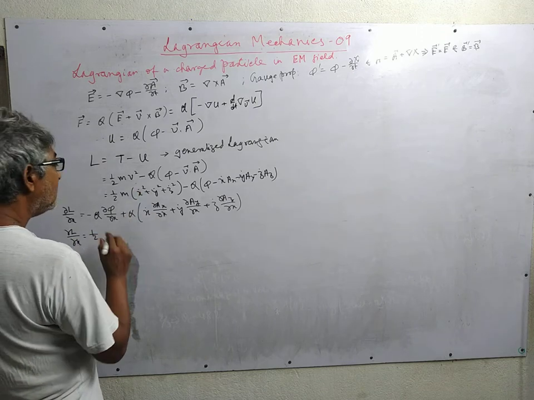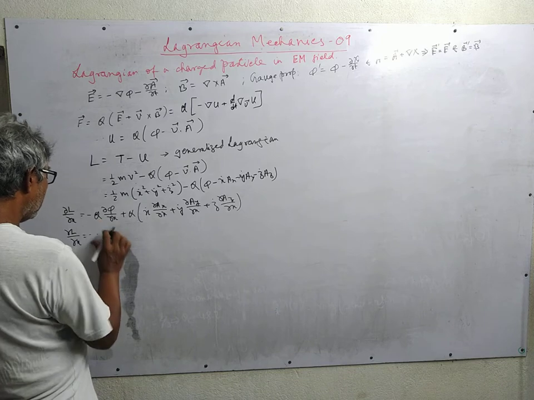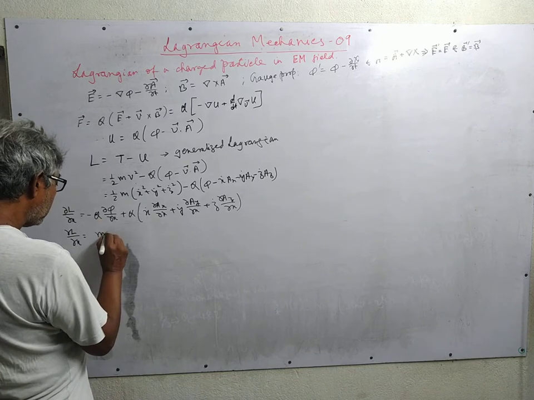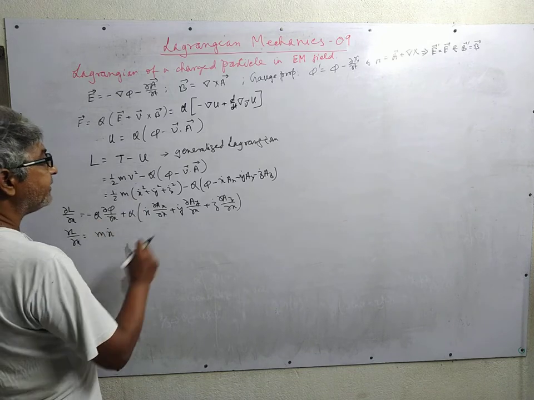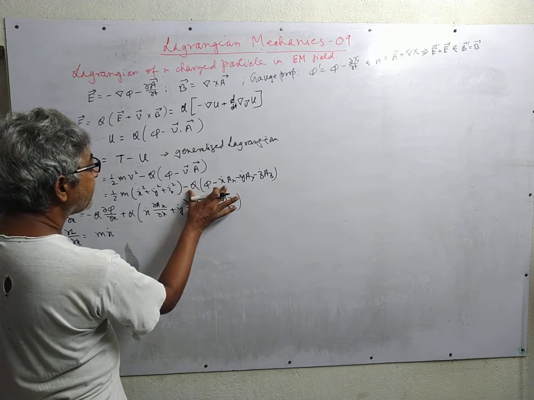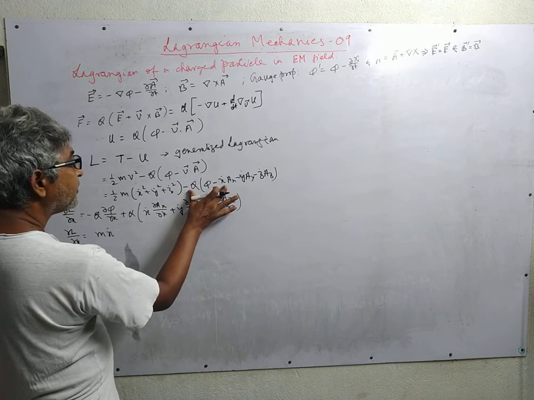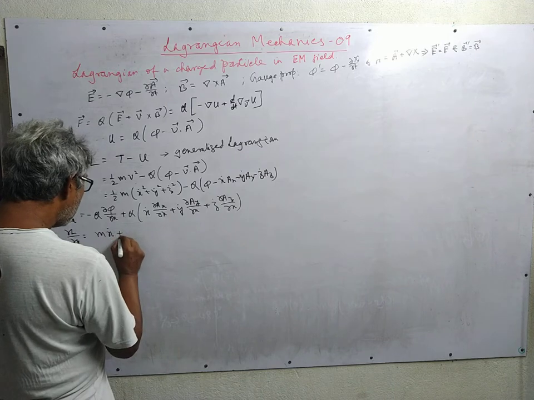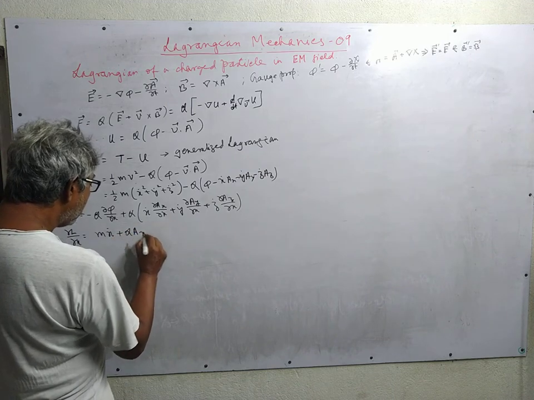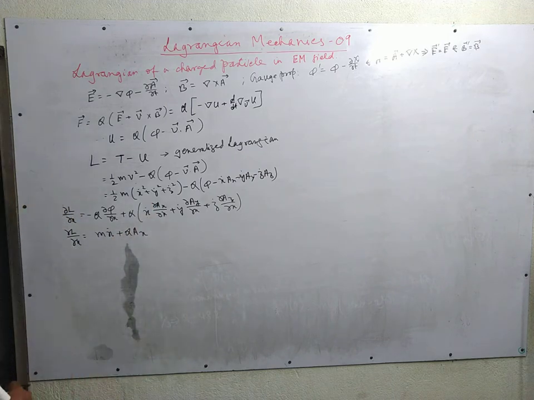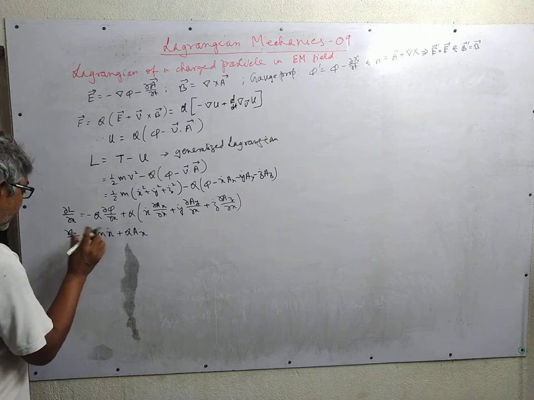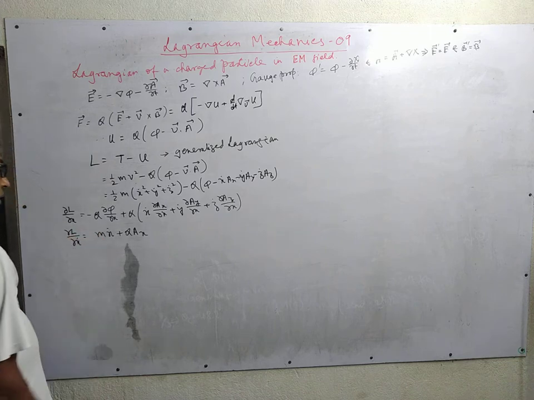And del L del x dot is equal to m x dot from here, and from there we get plus q A_x. Similarly, we can find the y and z components.